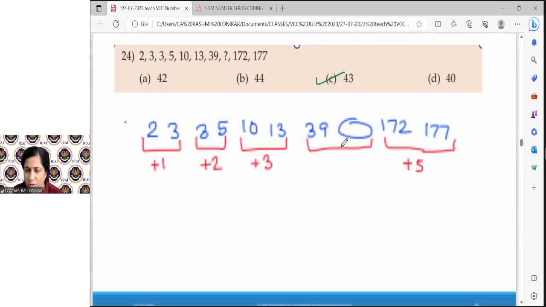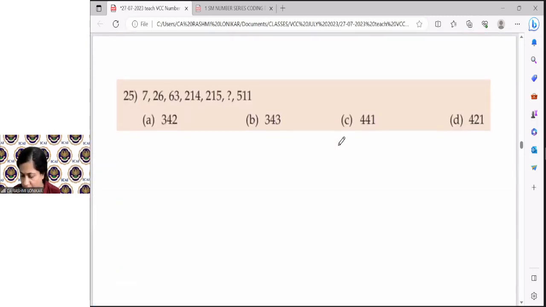So we have done the 24th. Let us move to the 25th. Now 25th. 7, 26, 63, 214.